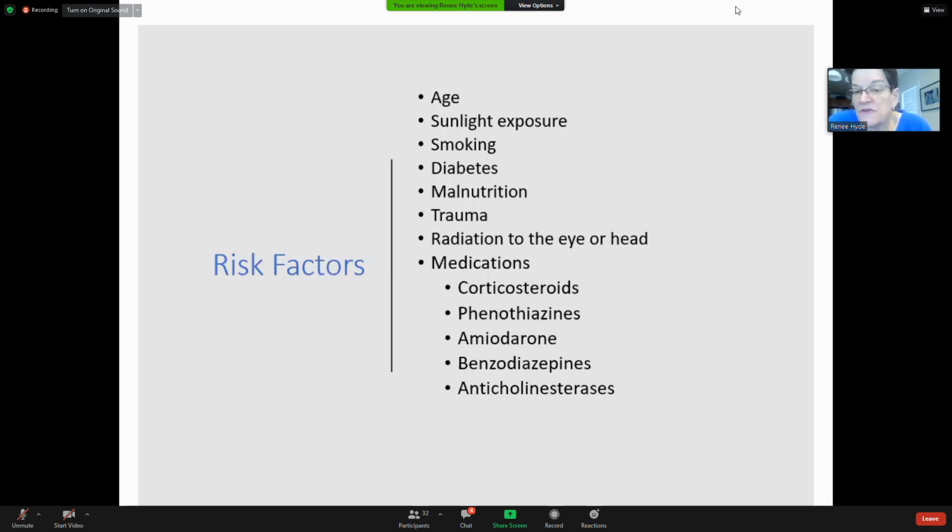Those patients with amiodarone, they'll be taking it for the rest of their life to prevent ventricular fibrillation or VTAC, either one. Those anticholinesterases are used to help decrease the decline in patients with dementia. All of those increase their risk of cataract development.